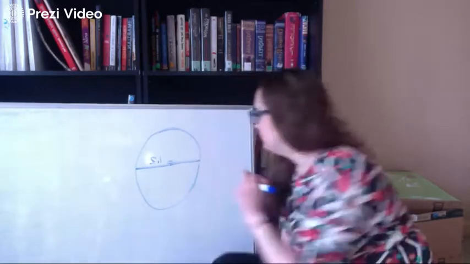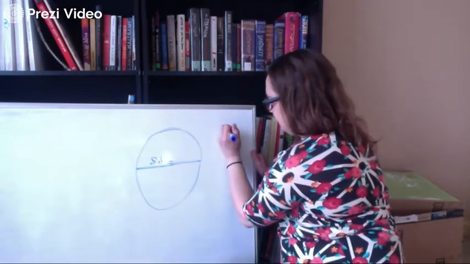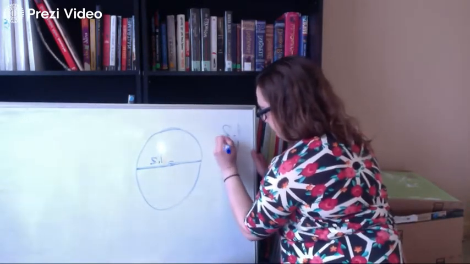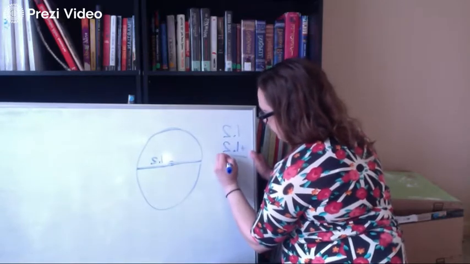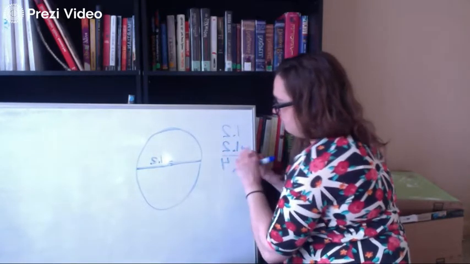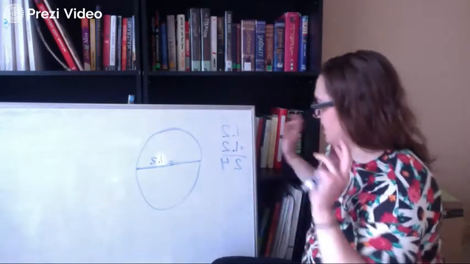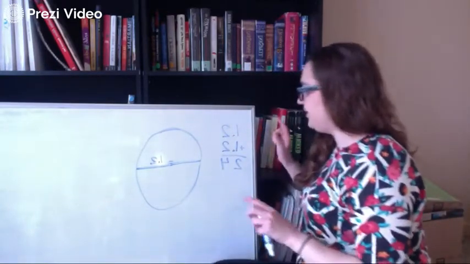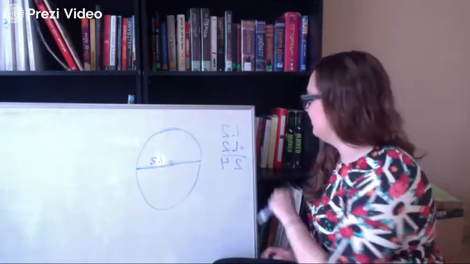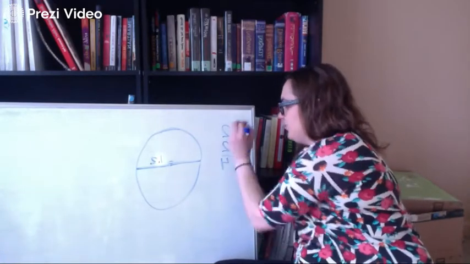So I need to do 1.2, or 1 2/10, plus 1.2. 2 plus 2 is 4. 1 plus 1 is 2. Most important thing when adding and subtracting decimals is to line it up, up, up at the decimal. 2 plus 2 is 4. 1 plus 1 is 2.